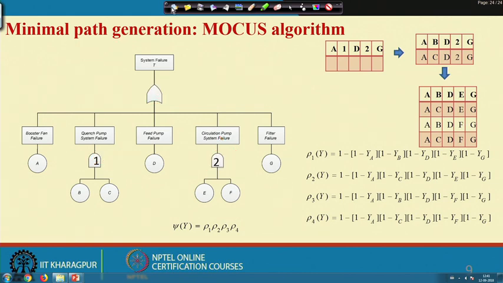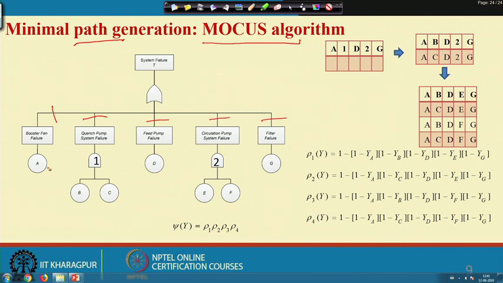But I will show another algorithm, the same MOCUS algorithm, for minimal path generation. We will not convert our fault tree, it will stay as it is. Now, the inputs are A, this is 1, this is D, this is 2, this is G.